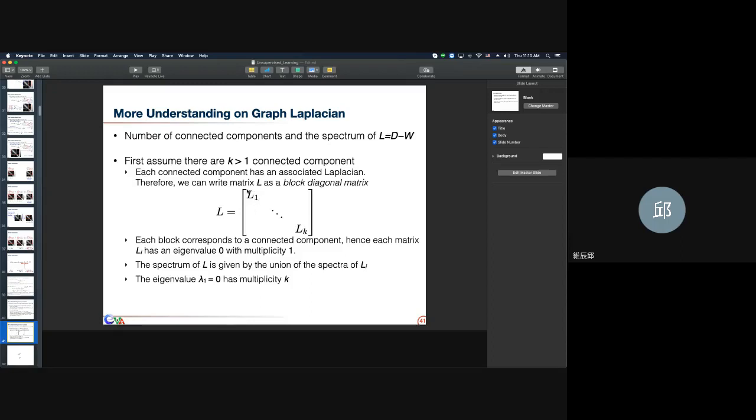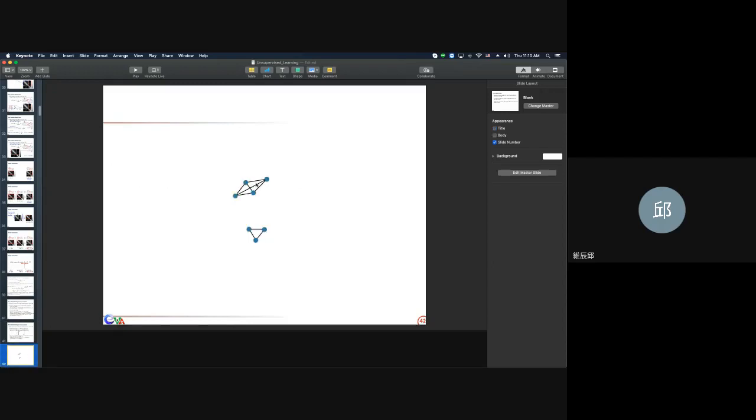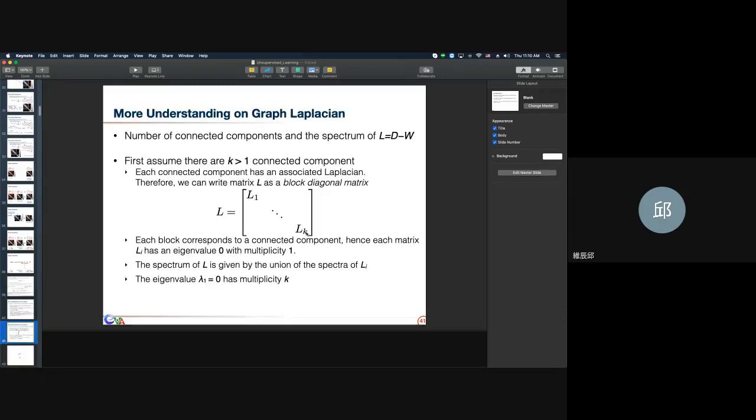For example, L1 here means the graph Laplacian matrix from the first connected component, and LK means the graph Laplacian matrix of the kth connected component. Each block corresponds to a connected component, and therefore each matrix Li has an eigenvalue 0 with multiplicity 1.